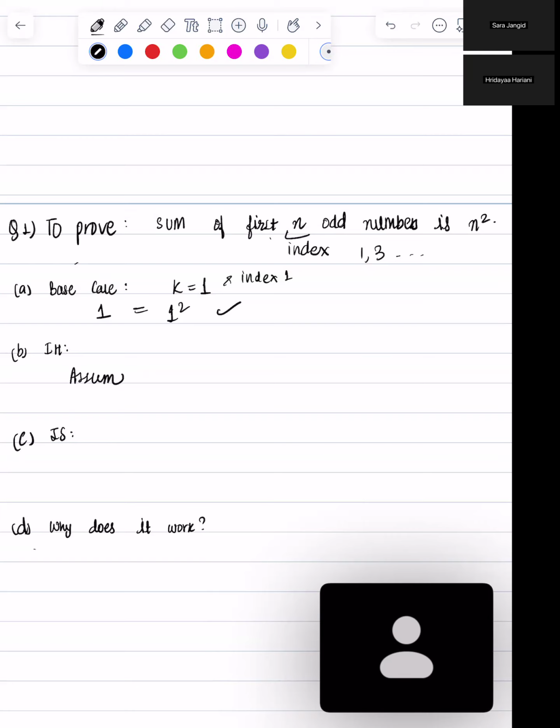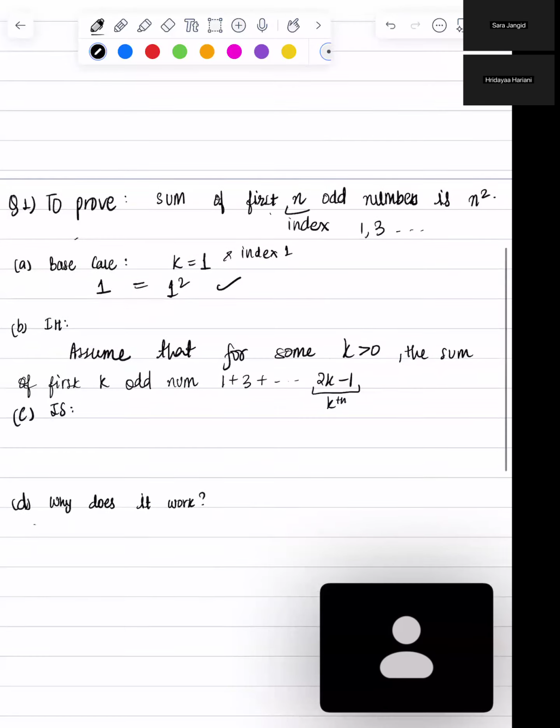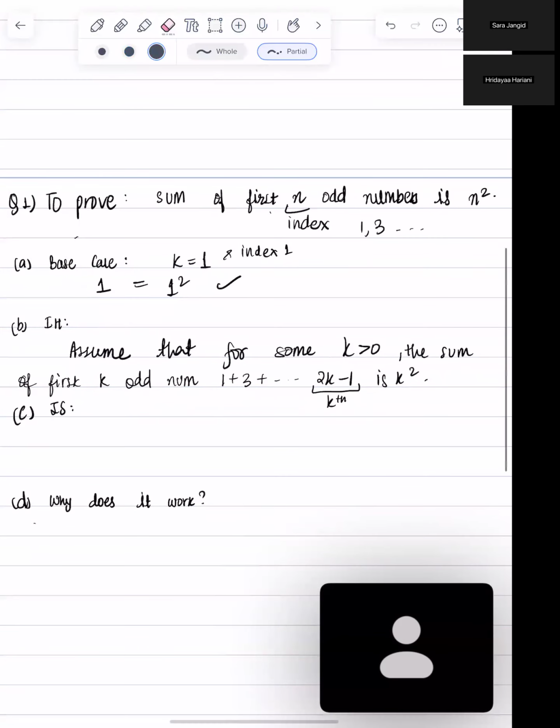So assume that for some k greater than 0, the sum of the first k odd numbers, which is 1 plus 3 plus dash dash dash plus the (k minus 1)th... again, k is the index here, not the value itself, is k squared. This is our hypothesis.